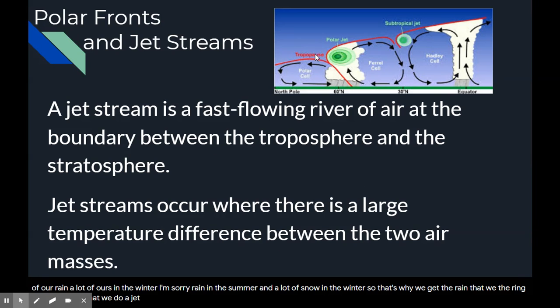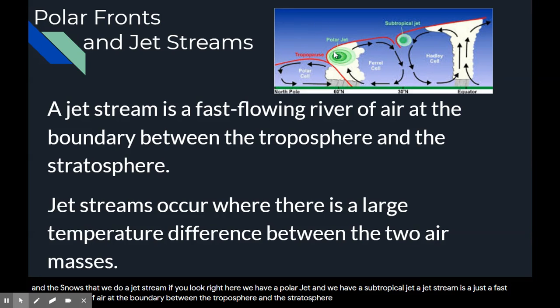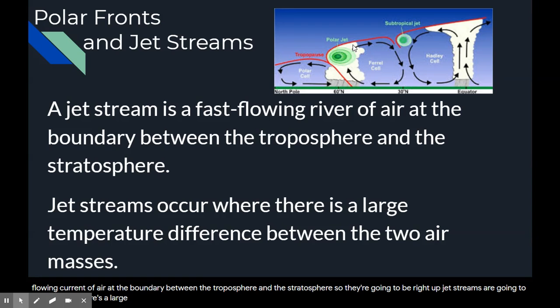A jet stream, if you look right here, we have a polar jet and we have a subtropical jet. A jet stream is just a fast flowing current of air at the boundary between the troposphere and the stratosphere. So they're going to be right up at the top of the troposphere. Jet streams are going to occur where there's a large temperature difference between two air masses.